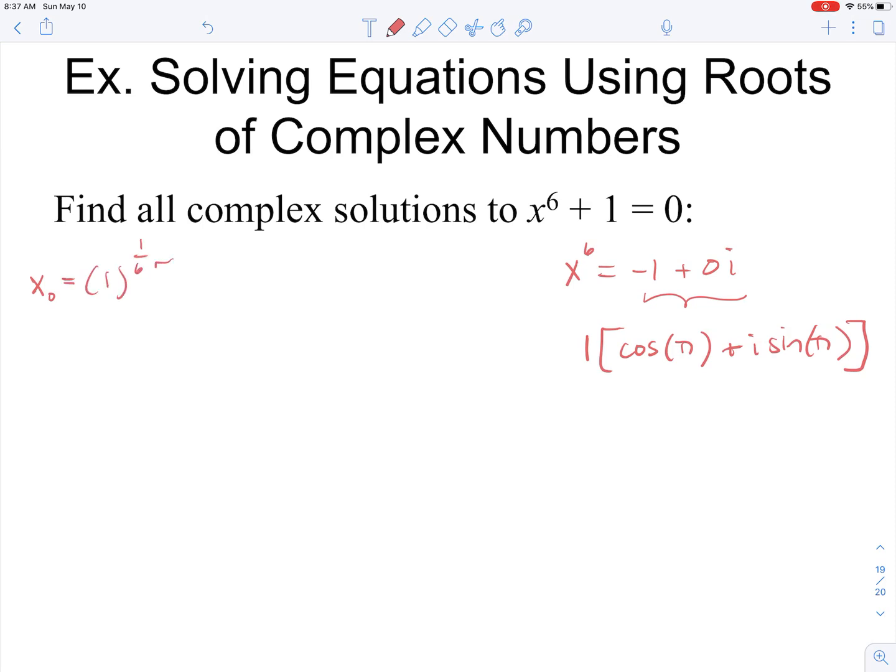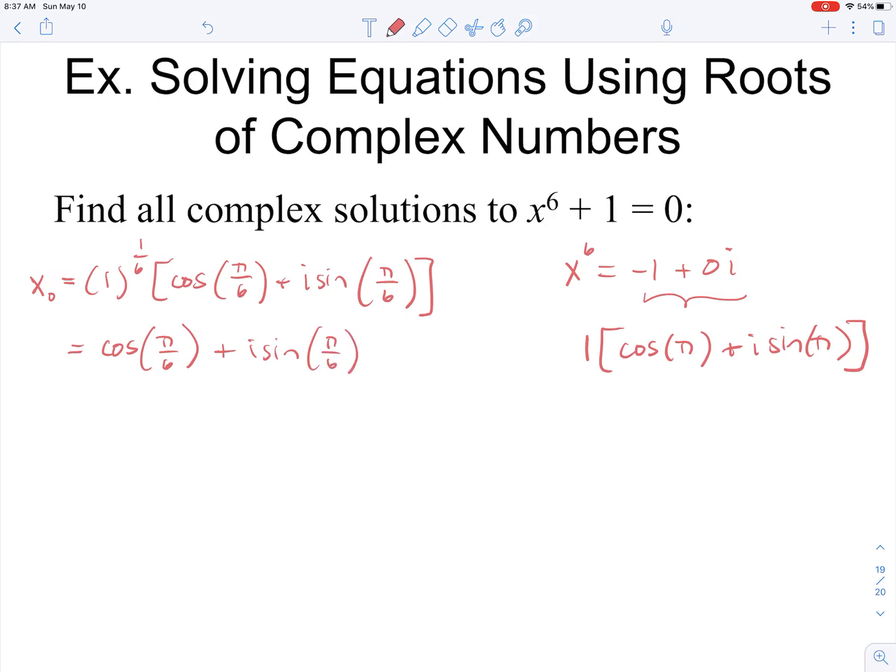Okay, so now we can use the nth root theorem in order to find all 6 solutions. So x sub 0, we do 1 to the 1/6 power times cosine of pi over 6 plus i sine of pi over 6, because we take the angle divided by 6, or n, and then that'll just simplify to be cosine of pi over 6 plus i sine of pi over 6.